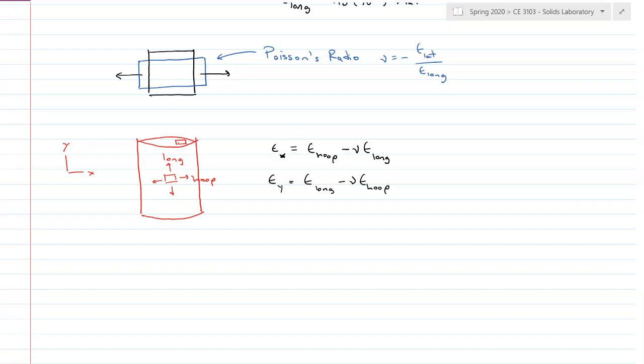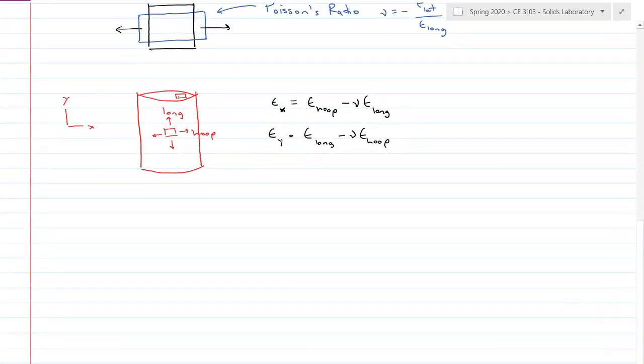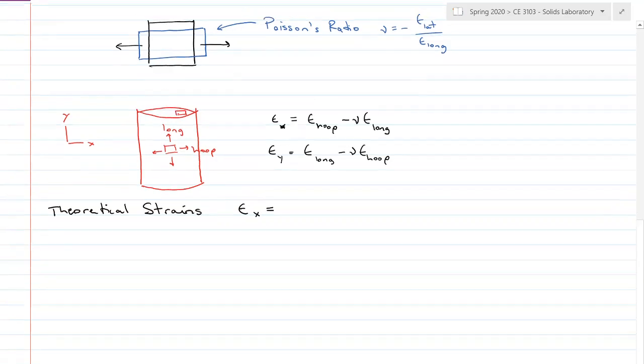So my EX calculation, how about we have our theoretical strains? EX is equal to E hoop.